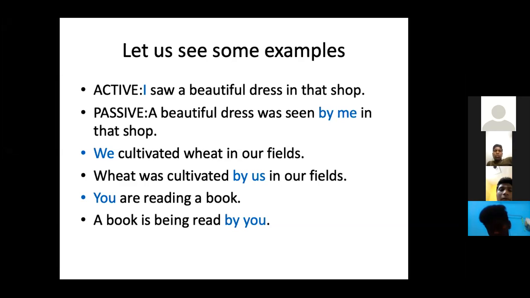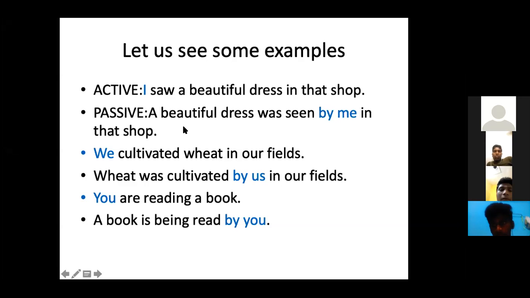Okay. So when you're changing the active to passive voice, you have to give importance to the subject, the action, and the object. Okay, that only you have to take. The rest of it should remain the same.